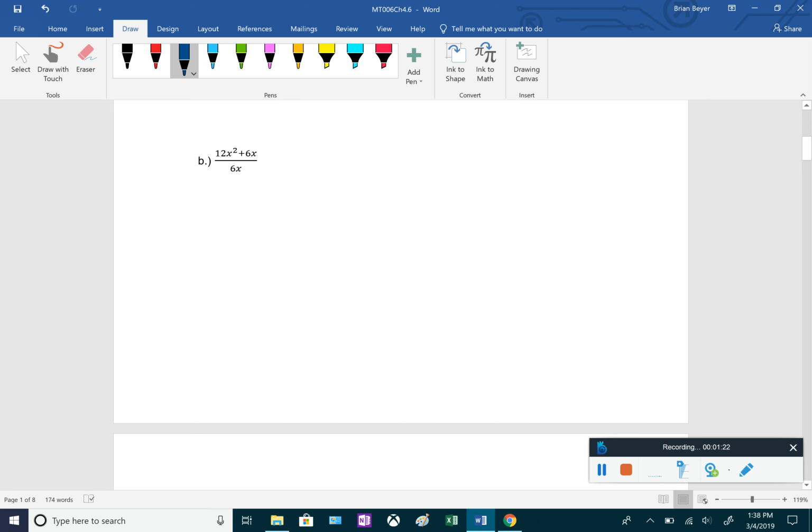Let's do an actual problem. So 12x squared plus 6x over 6x. We're going to give every term in the numerator its own denominator of 6x. So 12x squared divided by 6x plus 6x divided by 6x. So we split up the fraction, and then we have to simplify. 12 divided by 6 is 2.